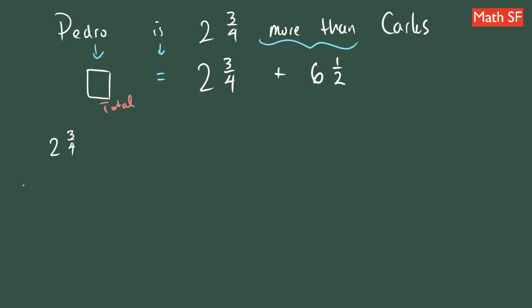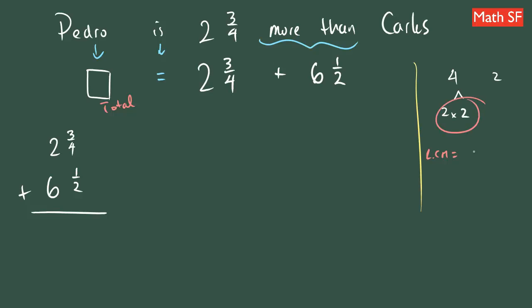2 3/4 plus 6 1/2. They don't have the same denominator, so let's find our LCD. LCD should be between 4 and 2. Well, this 4 is 2 times 2. My LCM should be 2 times 2, and this 2 is already included here, so my LCM or LCD in this case should be 4.